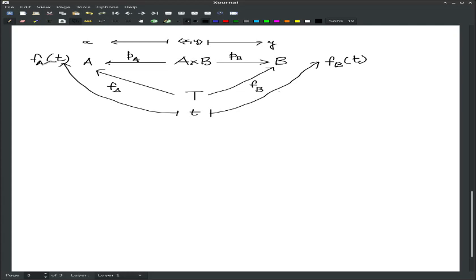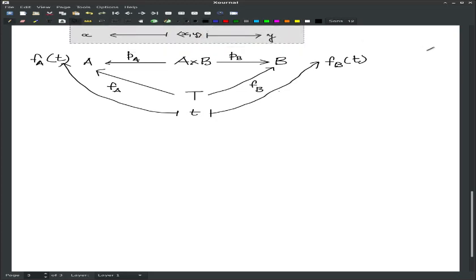Now, given these two elements, can you think of an element of A cross B? FA of t, correct? And for the B, FB of t. Correct.